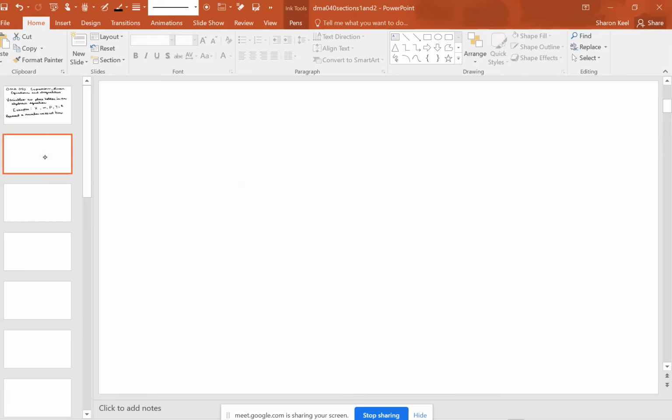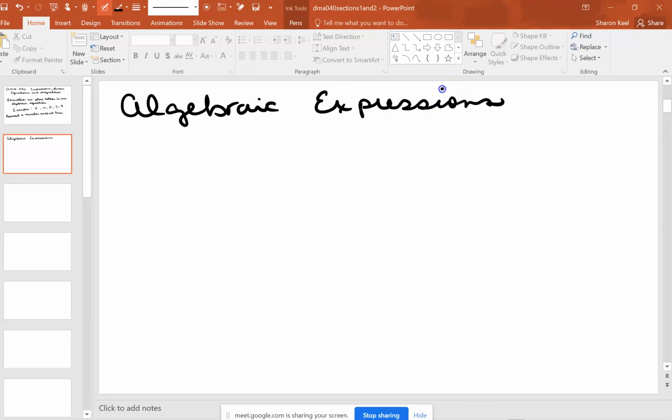Let me give you some examples of algebraic expressions. It could be something such as x squared plus 3x minus 4. It could be x plus 2. It could be negative 7m.